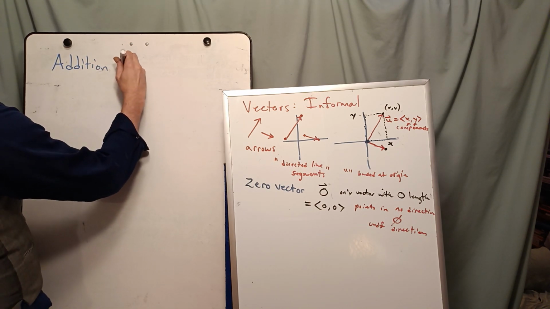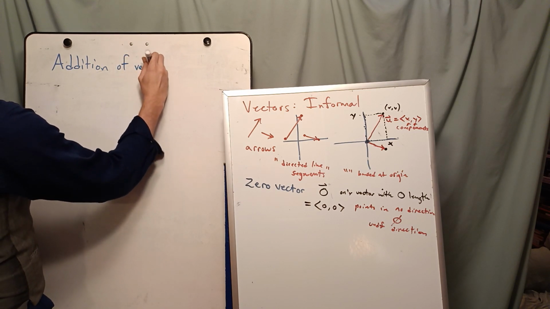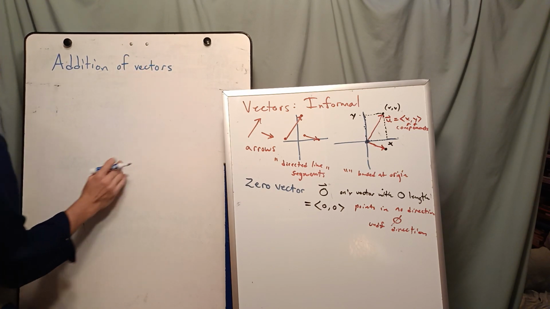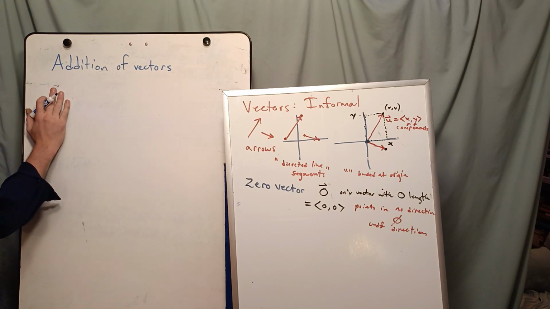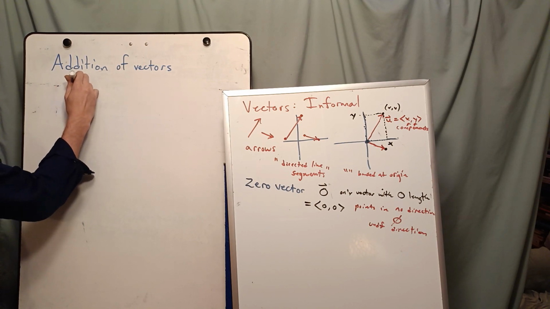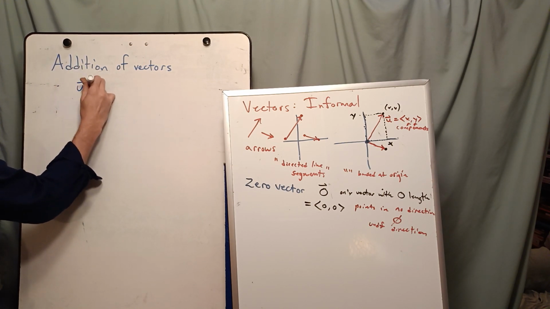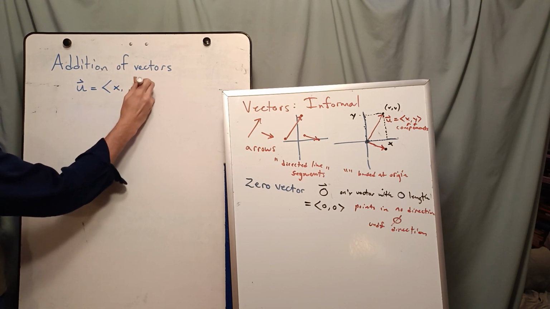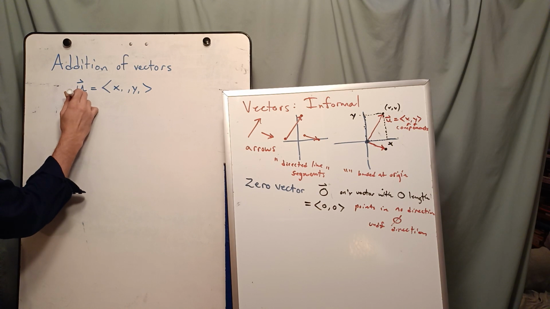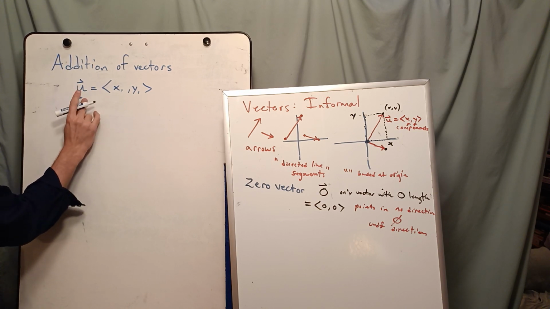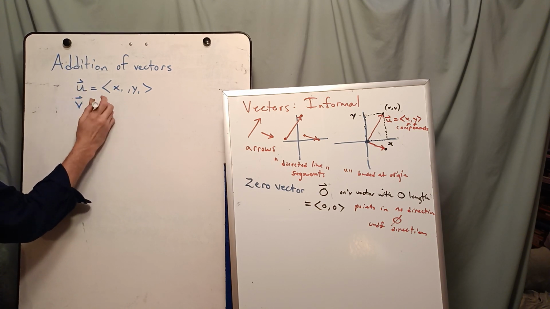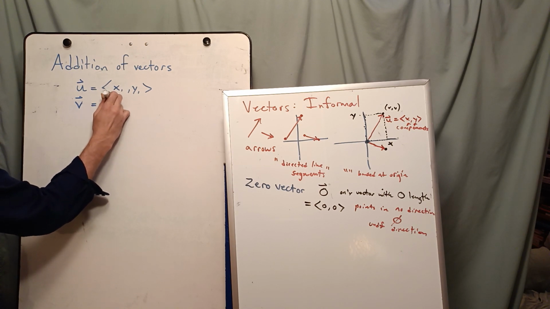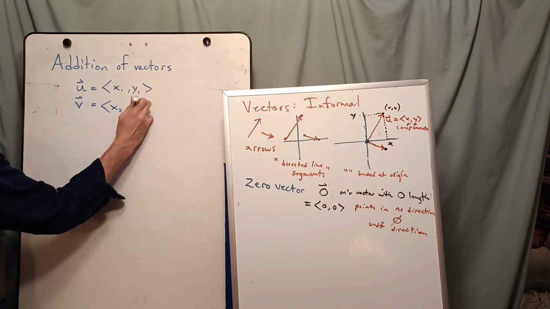So we want to talk about addition. Specifically, we want to talk about the addition of two vectors. Let's say we are in R2 still, and we have component form of a vector, x1, y1. And let's say that there's another vector also in the same R2 plane, and its components are x2, y2.